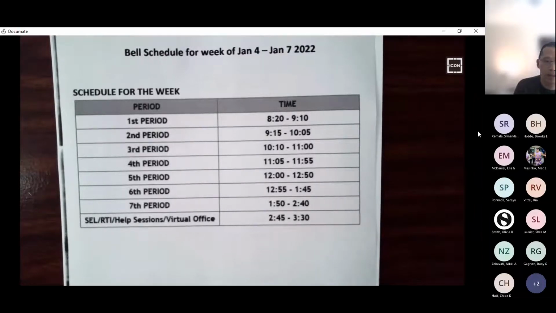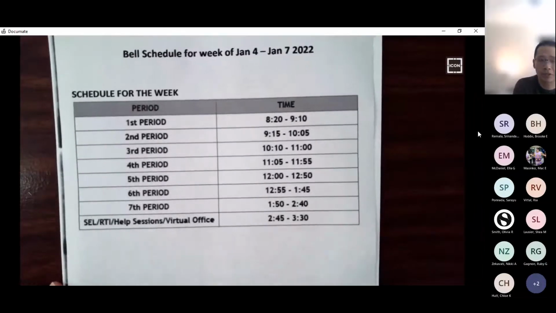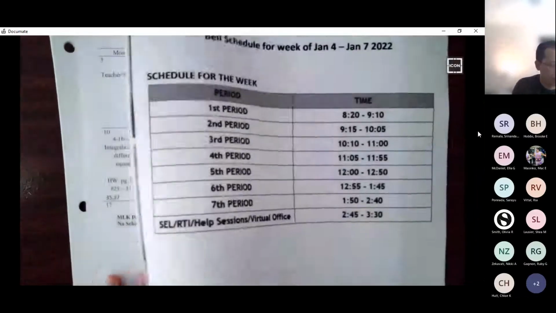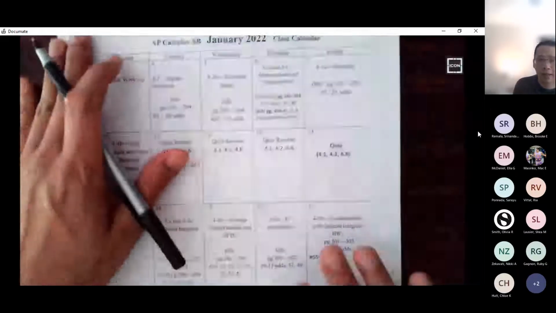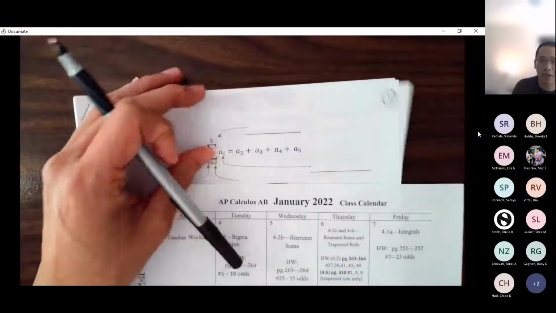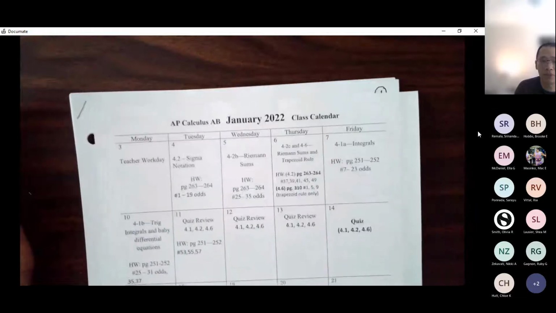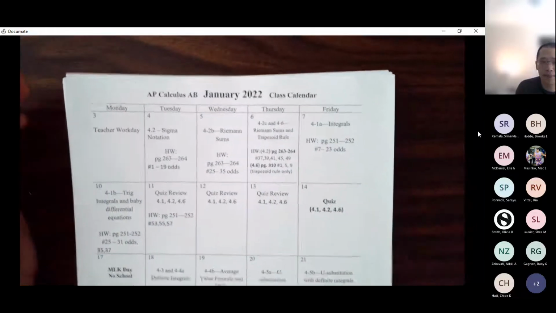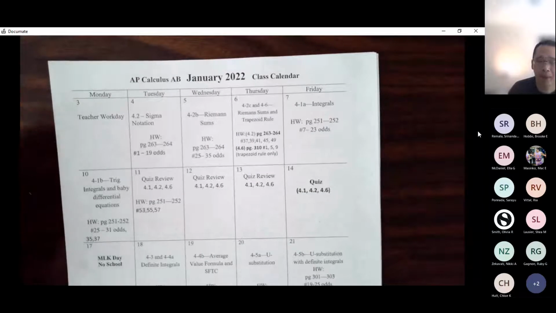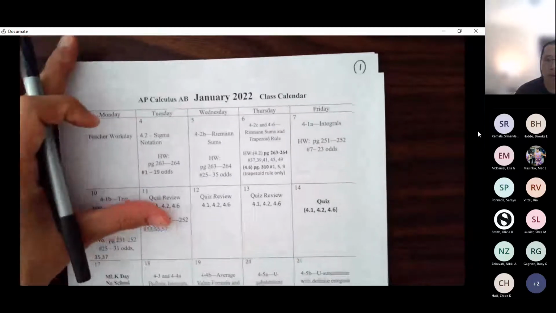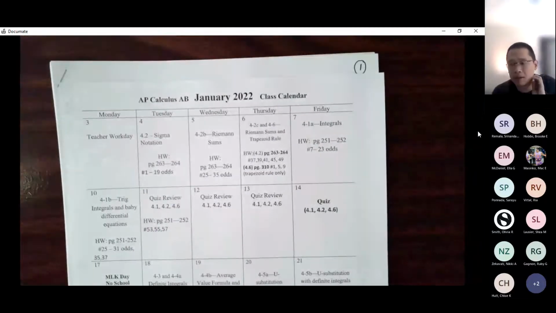Assuming that we're back in person in the classroom next week, I will have the packet and the calendar for you. But in the meantime, maybe you can print out page by page for each of the days that we're doing notes for this week. I'll also print out a calendar, and all this is on that link that I just put in the chat box.